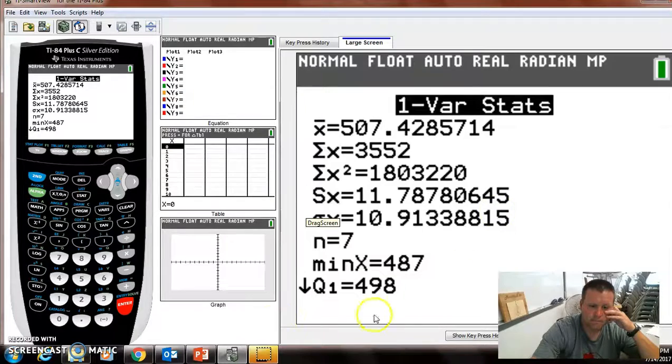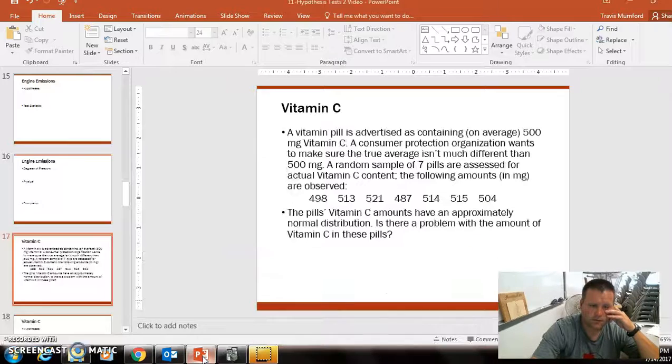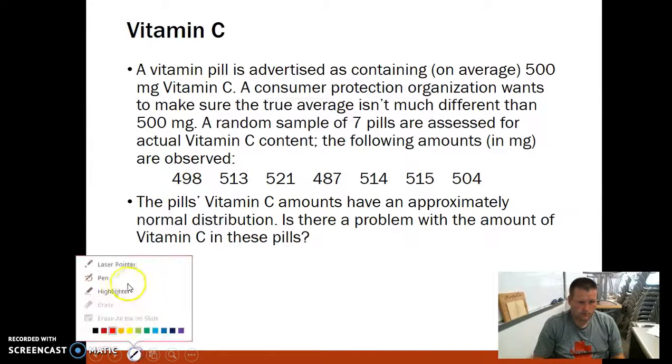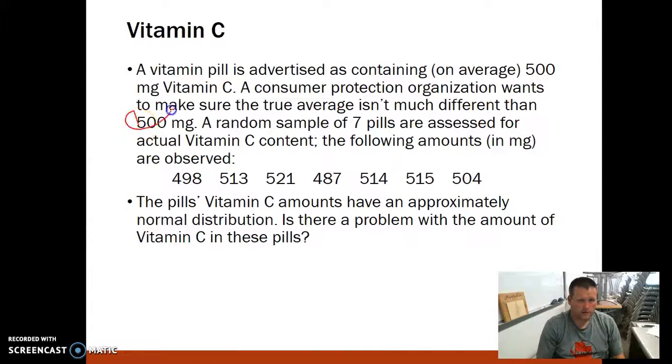Okay, so that's what we want to do for that. Okay, and so let me just jot those down again. This was our EV, our expected value. Our observed value was, remember, 507.43, I believe.